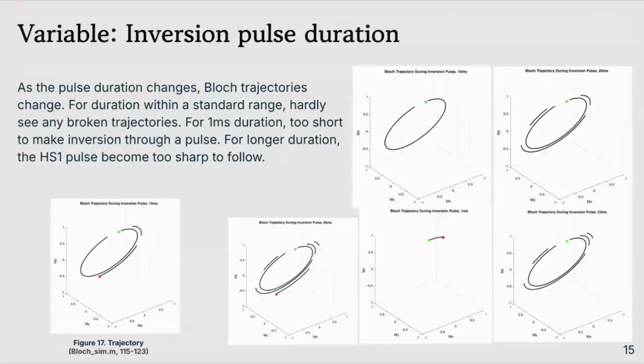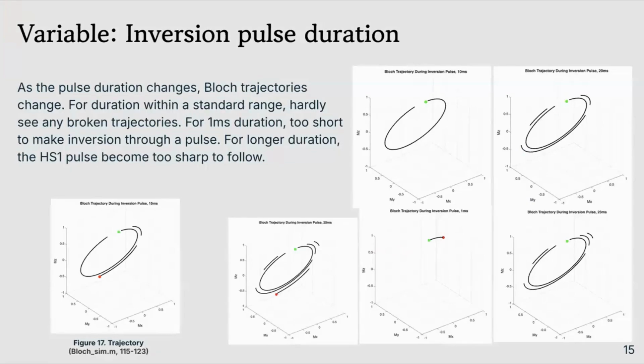We changed the inversion pulse duration. So the reference inversion pulse duration is at 15 milliseconds, which creates a Bloch trajectory like the bottom left. And this is slightly above the standard. As we see, there are broken trajectories, which is induced by the pulse duration not fulfilling the adiabatic inversion condition.